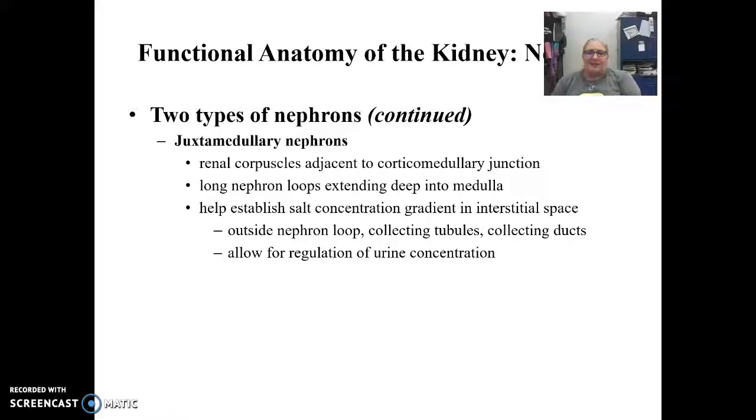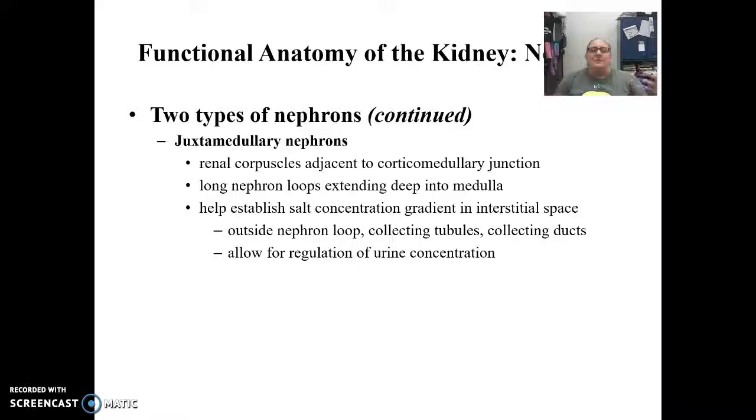And the juxtamedullary nephrons are important in maintaining a salt gradient so that we're constantly increasing reabsorption of fluids so we don't lose fluids. Again, remember I told you that we filter about 180 liters of fluid, but we only have about 6 liters at most in our body.